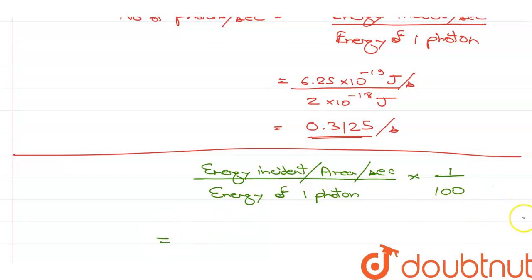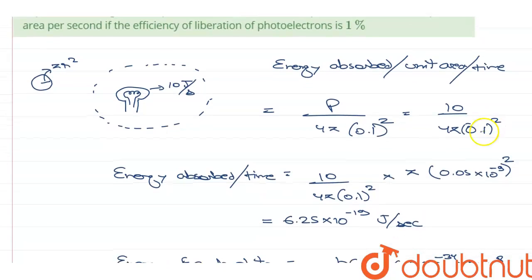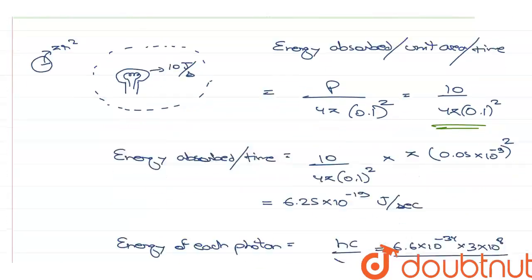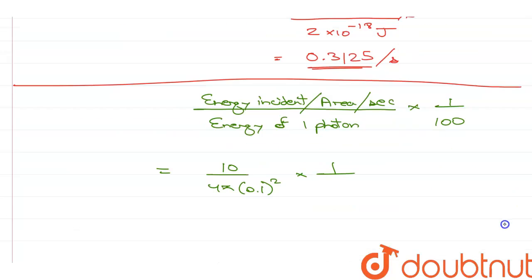Now energy incident per unit area per unit second we calculated earlier, which is 10 upon 4 pi into 0.1 squared, divided by energy of one photon, which is 2 into 10 raised to power minus 18, into 1 by 100.